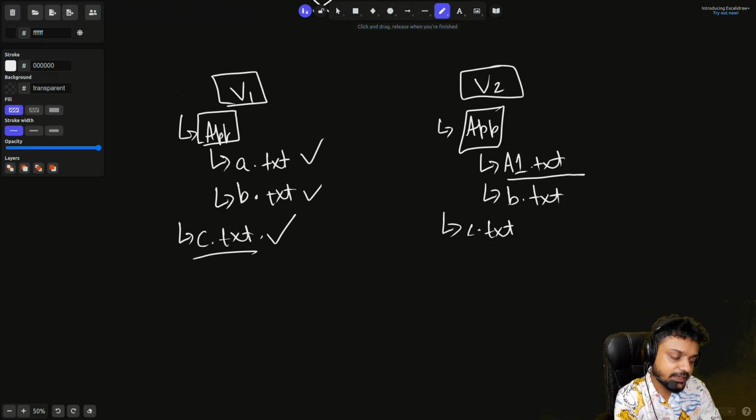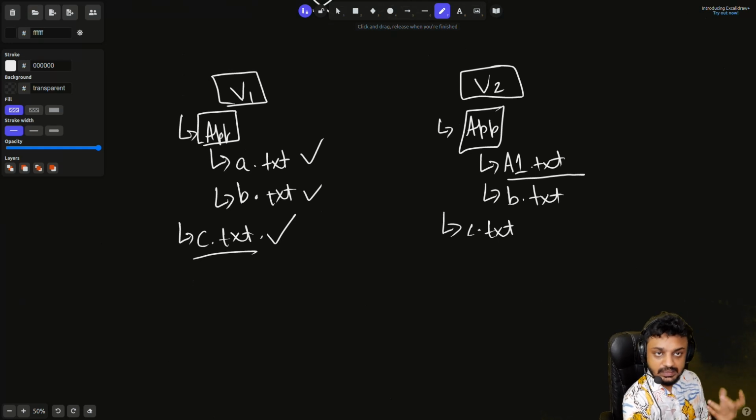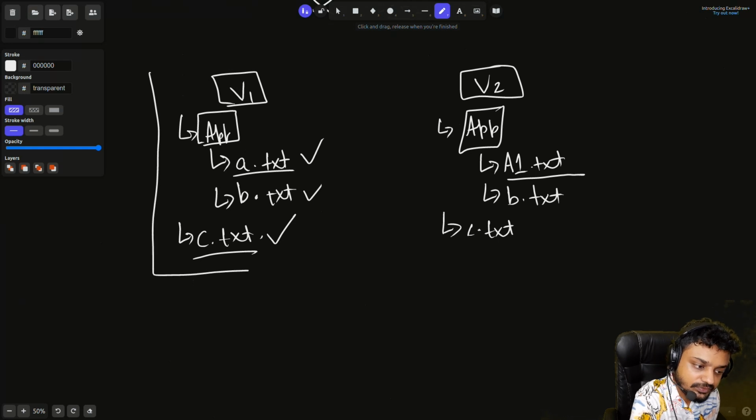I modified this file. Now what Git usually does is that instead of listing down the changes that were made in a.txt, from the base file to this file, it takes a snapshot of this version, right?